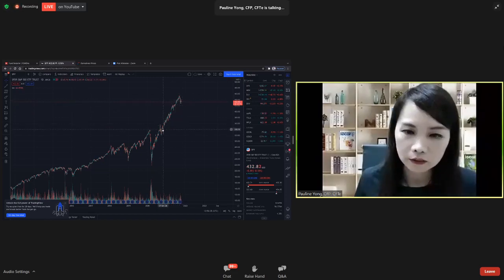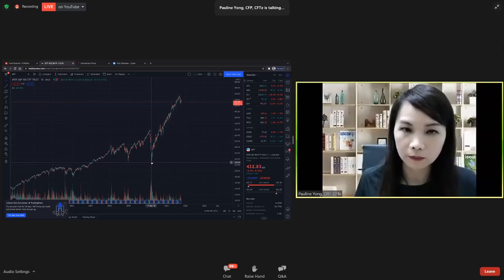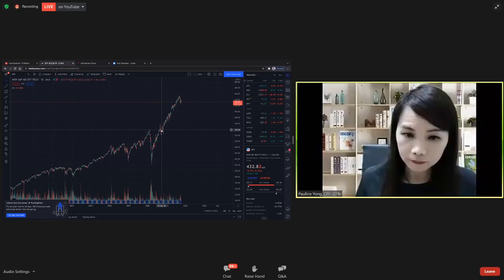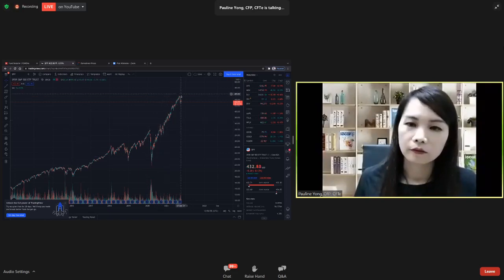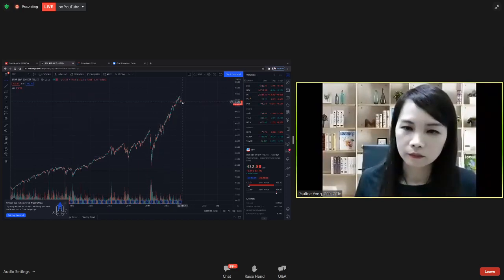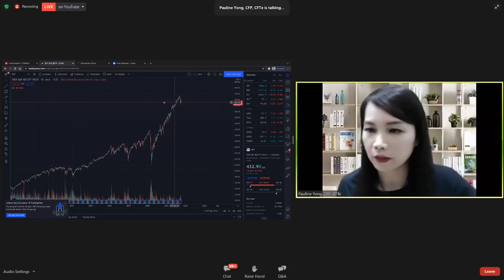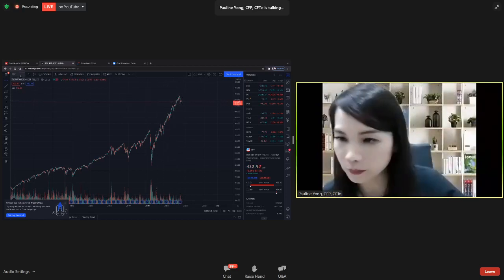Every time there's a correction, it is very shallow. This makes the counting of the waves a bit challenging. Nevertheless, let's say we start from March 2020 here. Let's count from here, 1, 2, 3, 4. This is just a wave 4, and then you could be looking at 5. So the trend is still up, and very bullish for SPY.